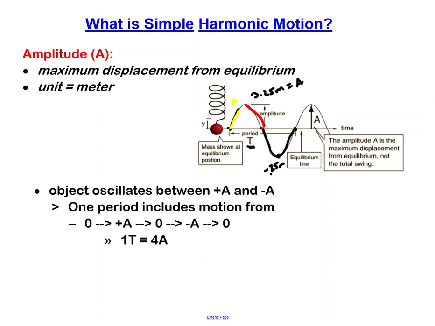There we go. Okay, so here's another A. From here to here is another amplitude, and then from here to here is another amplitude. So that's 1, 2, 3, 4 amplitudes in one period. So there's a relationship there.